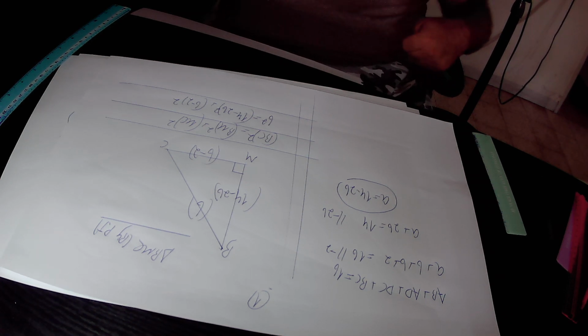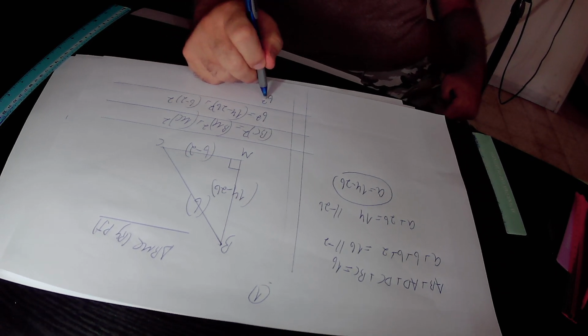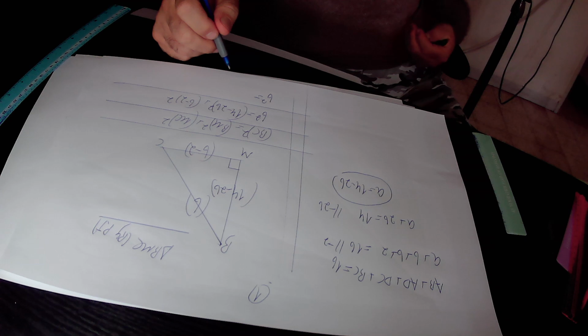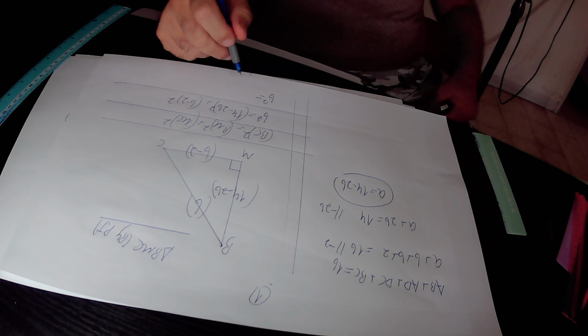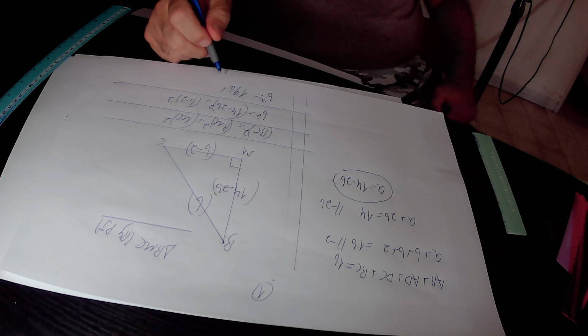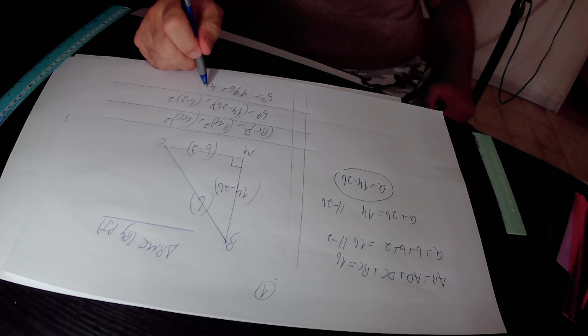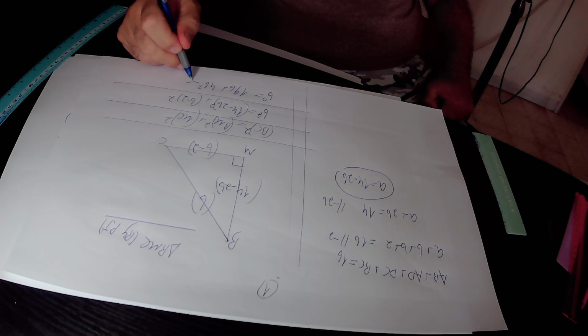Here we open the brackets on this side of the equation and get that b squared equals 14 minus 2b squared, which is 14 squared, that is 196, plus 2b squared, that is 4b squared, minus 2 times 14 times 2b, which is minus 56b.